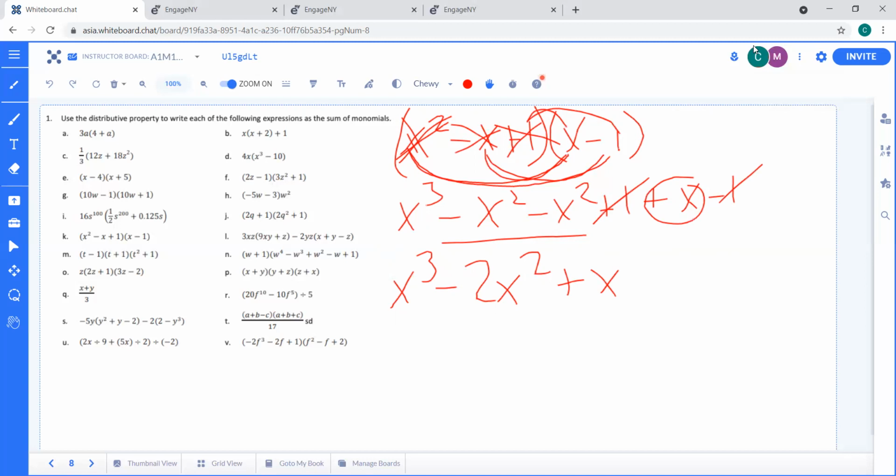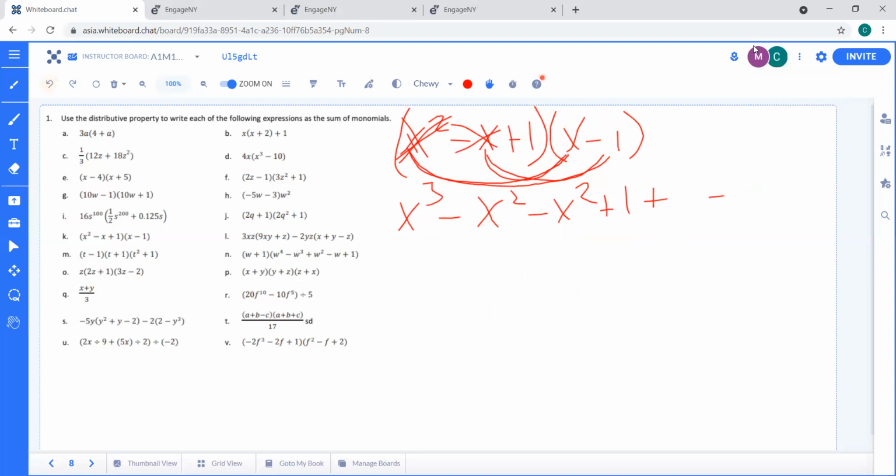Okay. I'll make sure I got that right. Uh-oh. I missed something. Let's go back here. Hopefully you caught it somewhere along the way. It should be right in here somewhere.